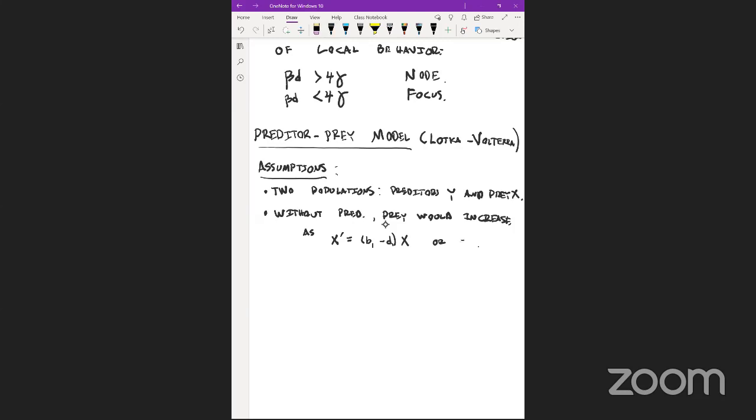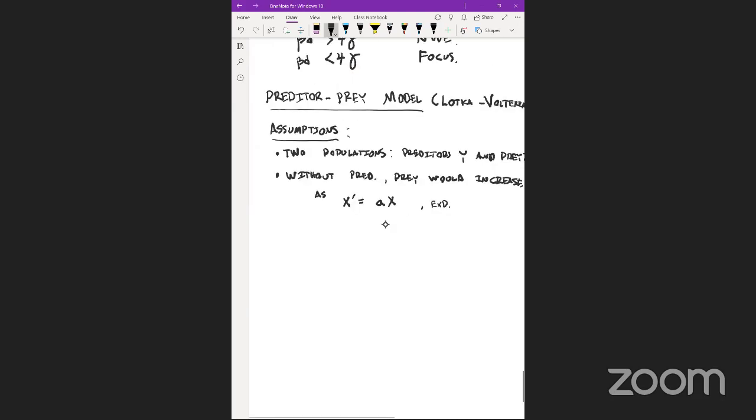So the birth rate minus the death rate, but ax exponentially.